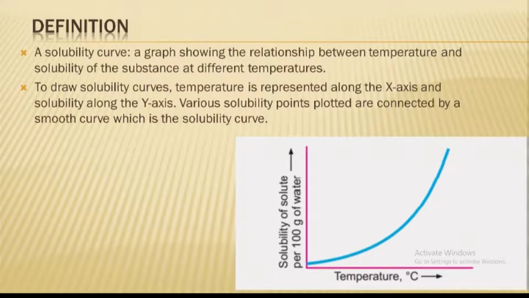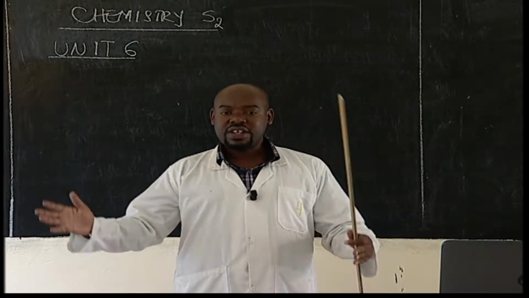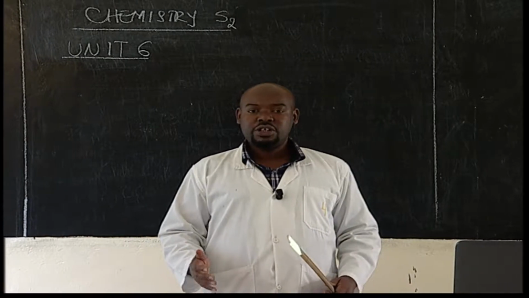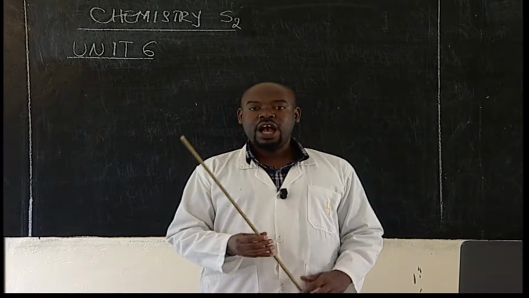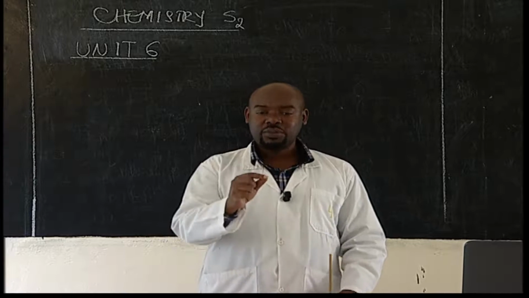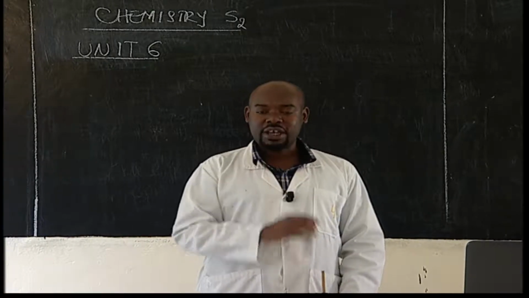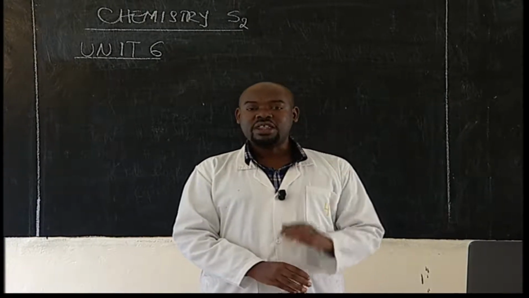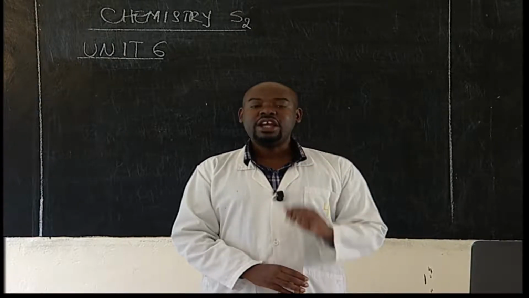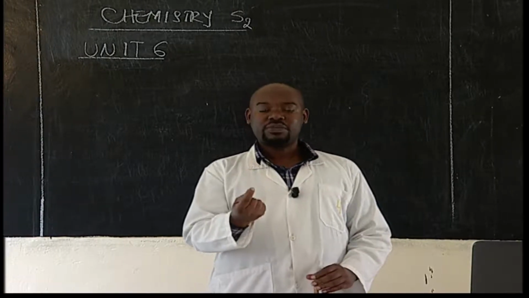So we have different values of solubility at various temperatures. If we have a value of X and a value of Y, then we can combine them to find a point.